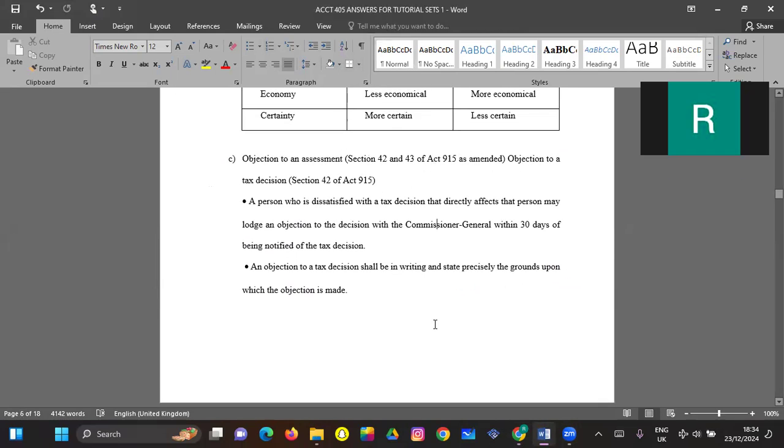A person who is dissatisfied with a tax decision that directly affects that person may lodge an objection to the decision with the Commissioner General within 30 days of being notified of the tax decision. An objection to a tax decision shall be in writing and state precisely the grounds upon which the objection is made.